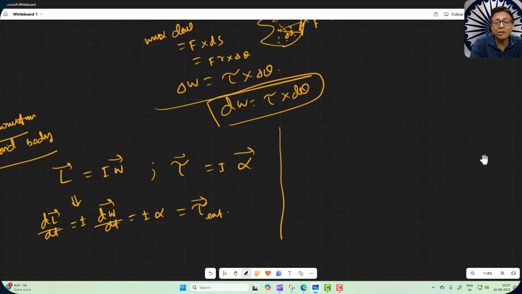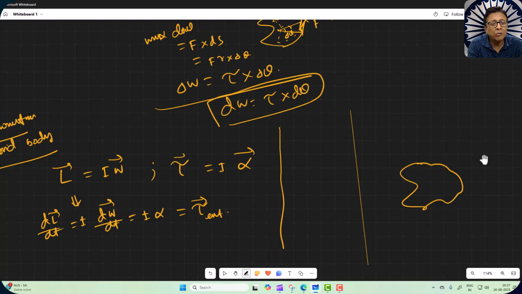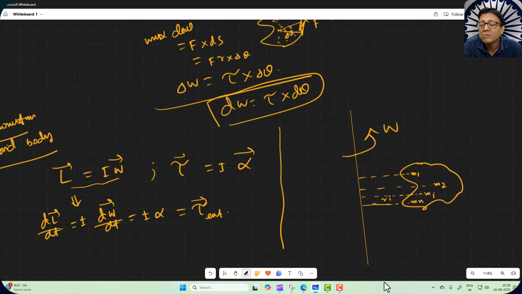Moment of inertia you have already done. I am just showing you by taking a rigid body here. Okay, how to get L equal to I omega. Already we have defined it for a single particle. This has mass m1, m2, mn, and this is an arbitrary mass mi at a distance ri, rotating with angular velocity omega.